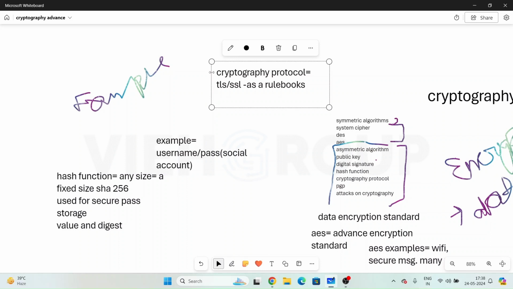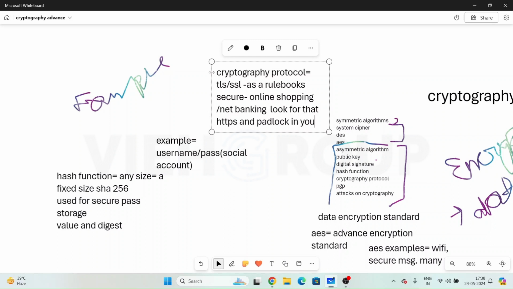Let's say secure your online shopping, net banking, or look for that HTTPS and padlock in your browser. That's TLS and SSL in action.